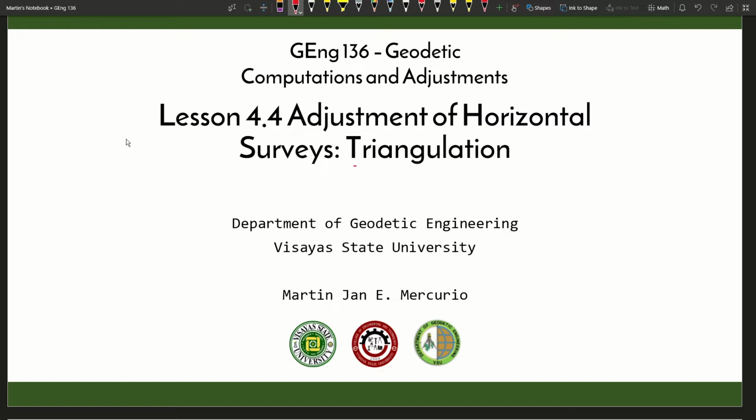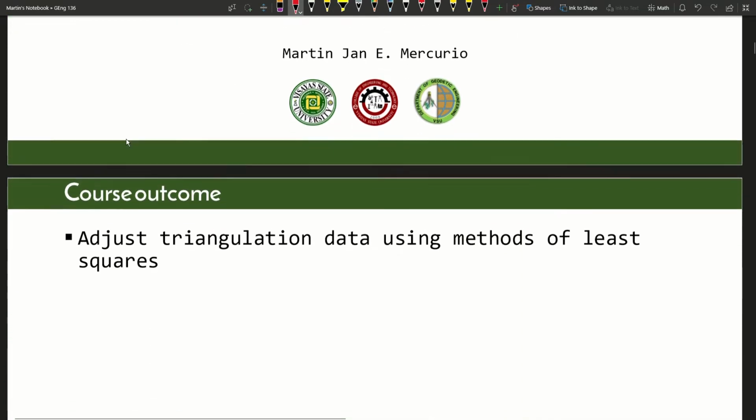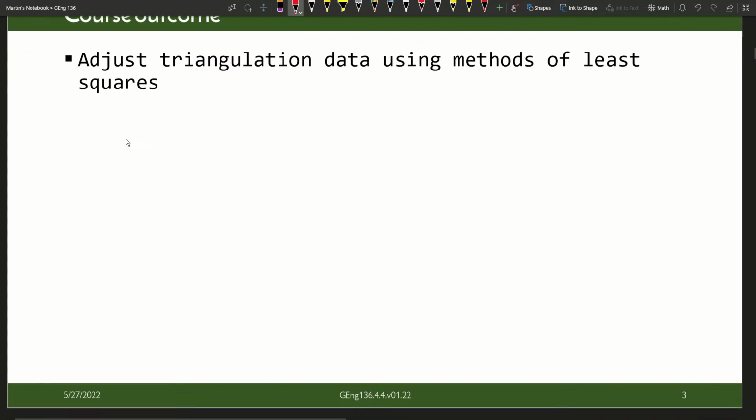We apply least squares adjustment using the triangulation data. When we say triangulation, it involves angular measurements. The expected outcome for this lesson is to adjust the triangulation data using the method of least squares.